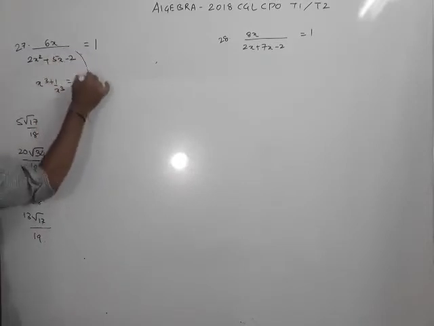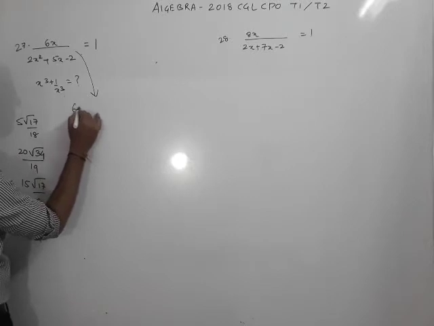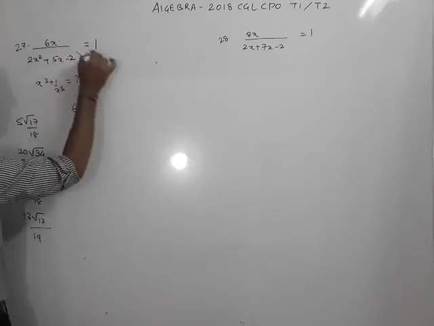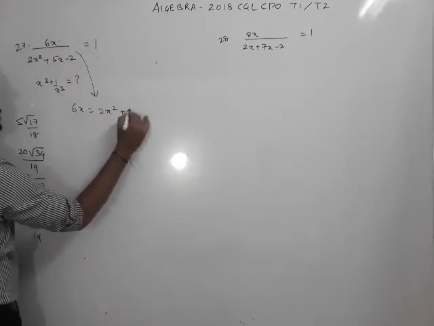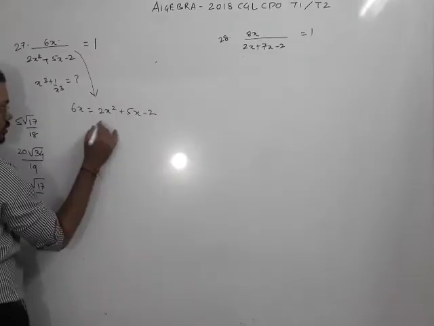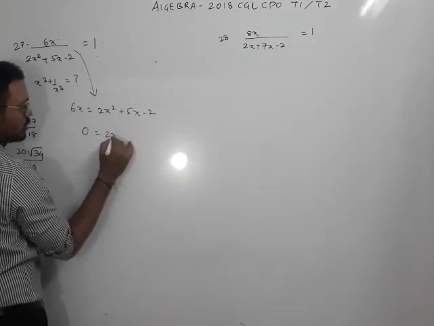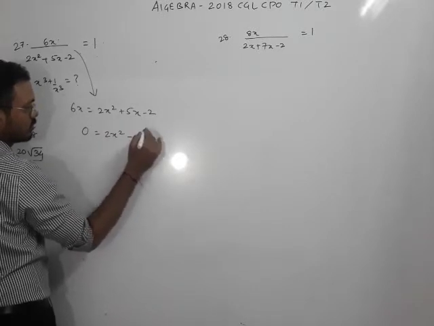So let's open this and try to solve this. This is going to be 6x is 2x square plus 5x minus 2. So this will be 2x square minus x minus 2.